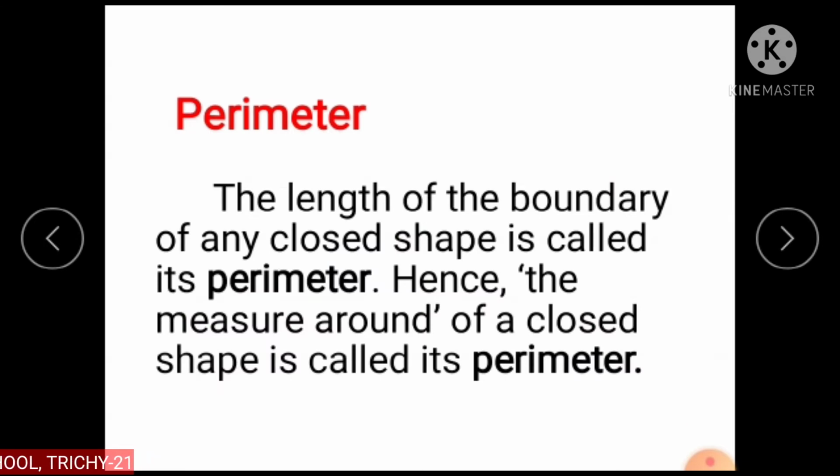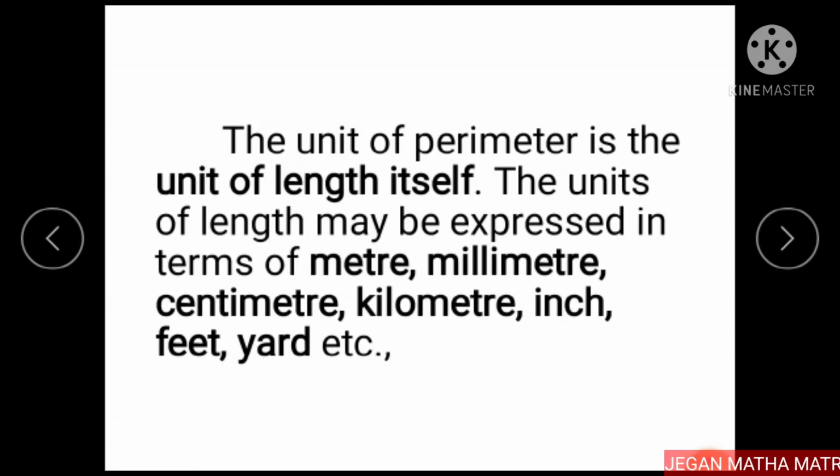Perimeter. The length of the boundary of any closed shape is called perimeter. Hence, the measure around of a closed shape is called its perimeter. The unit of perimeter is the unit of length itself.